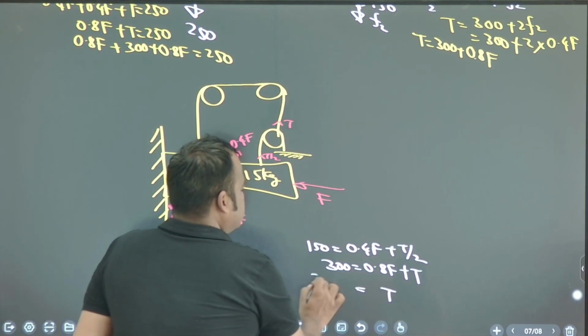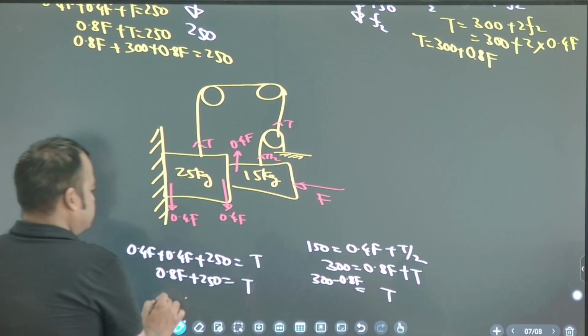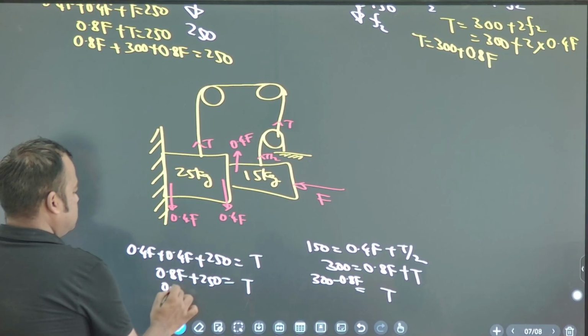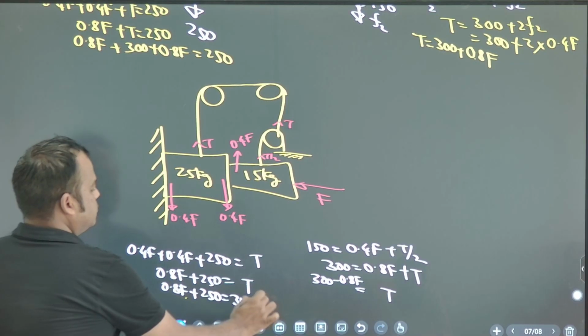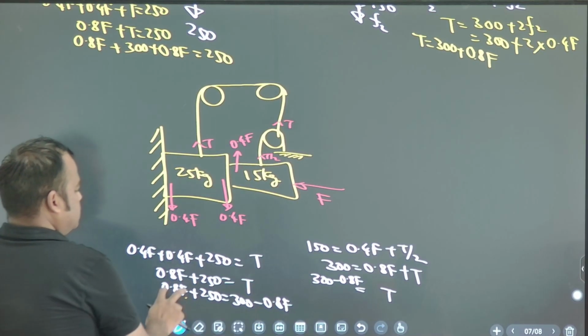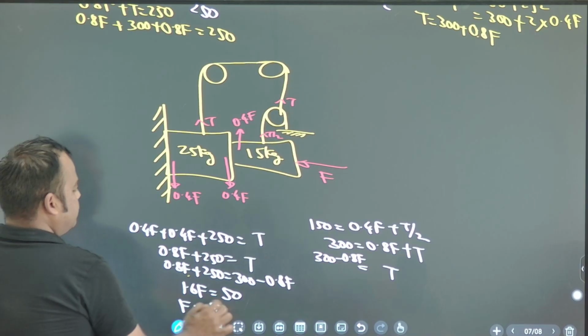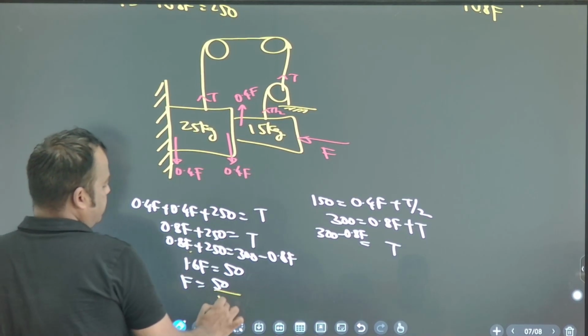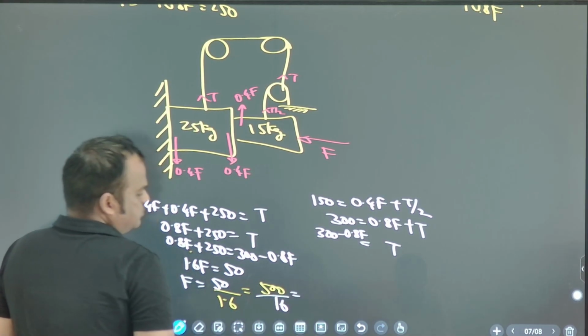So T value is 300 minus 0.8 F. 1.6 F is equal to 50. So F is equal to 50 by 1.6. 50 by 1.6 how much? 500 by 16 how much?